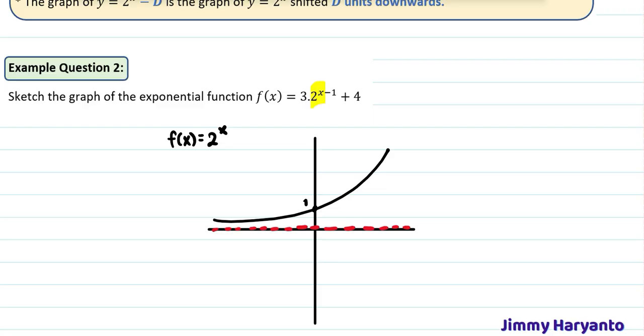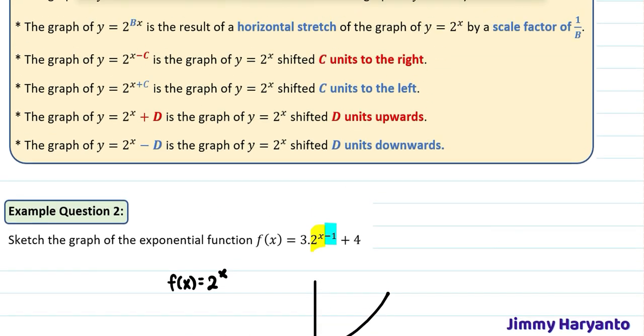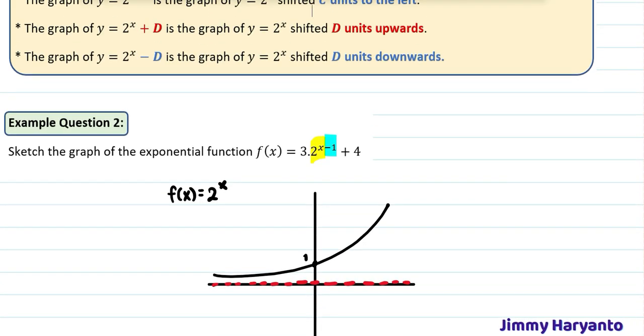But this time we have to draw not 2 to the power of x, but 2 to the power of x minus 1. What is the meaning of minus 1? Minus 1 means 1 unit to the right. You have to shift the graph 1 unit to the right. That means this point will move there.